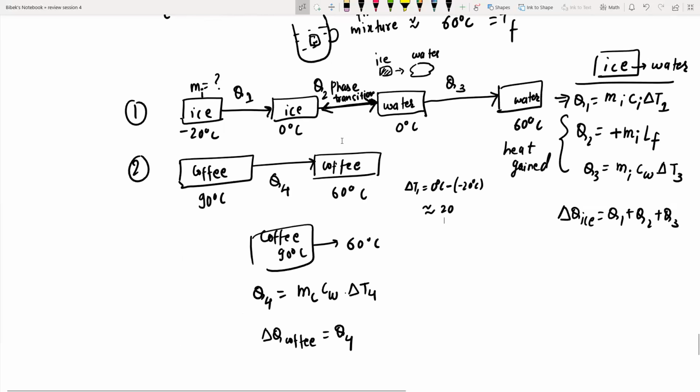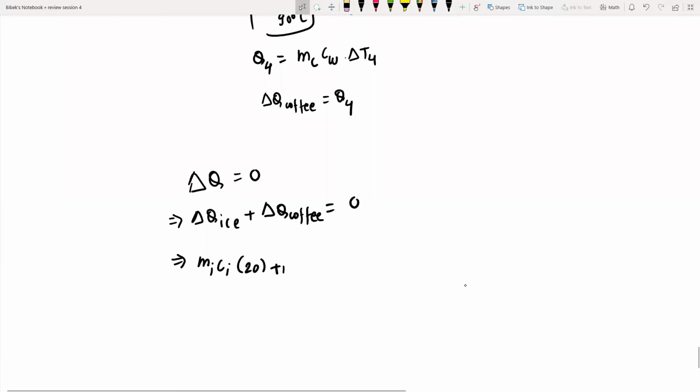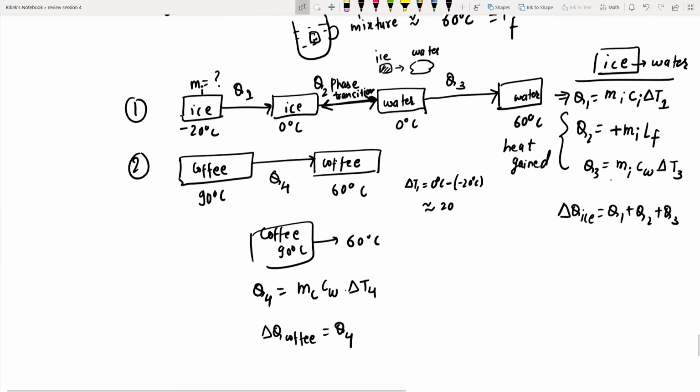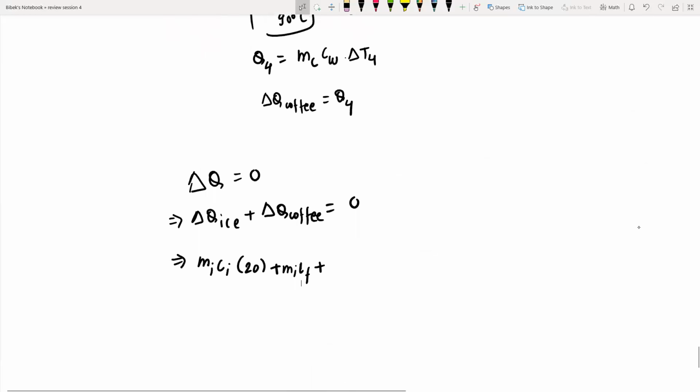Now let's find Q2. Q2 is your Mi times Lf, so I'll just write Mi times Lf. This Lf will be given to you. And for Q3, you have your Mi, which will be the same, and Cw, that's the specific heat capacity of water, so Mi Cw. However, the temperature change is different.